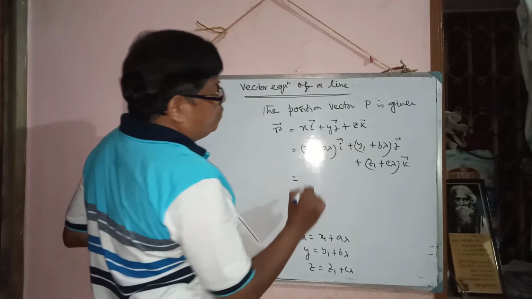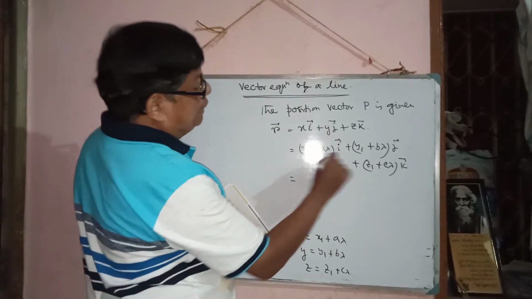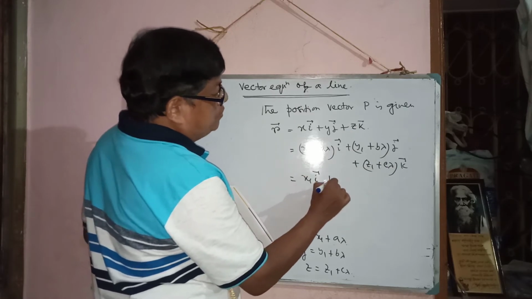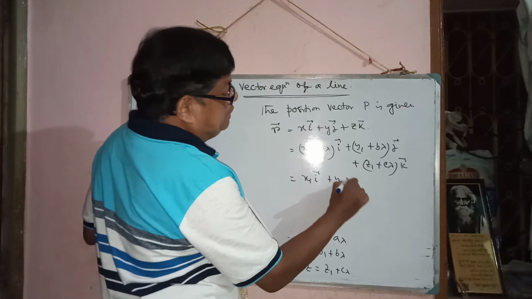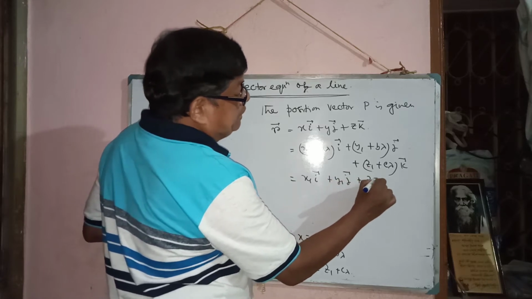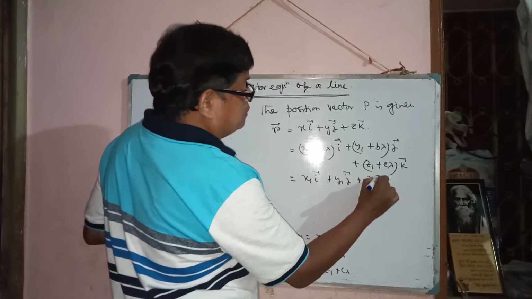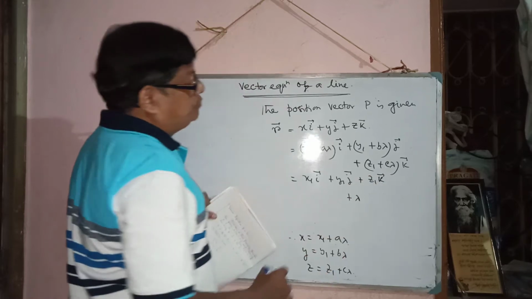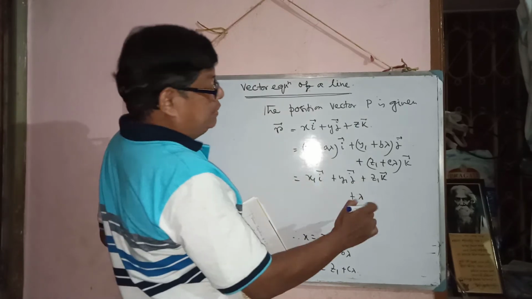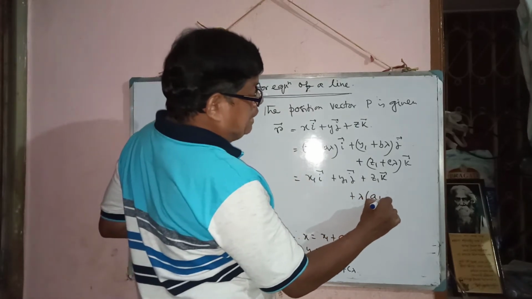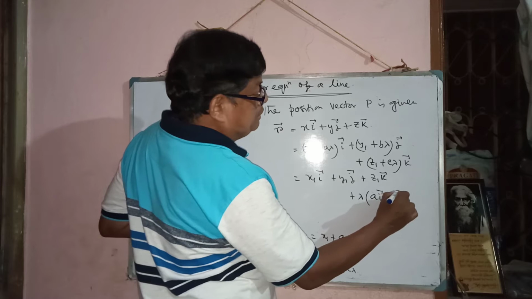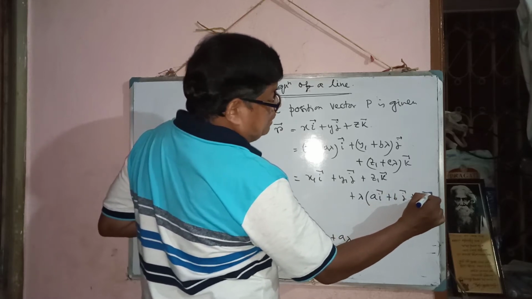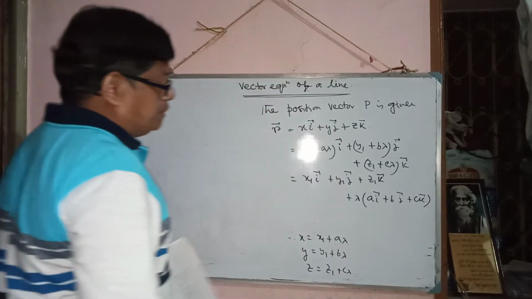Now we can write it by multiplying out i, j, k: x1 i plus y1 j plus z1 k, plus lambda common, that is A i plus B j plus C k, where lambda is a constant parameter.